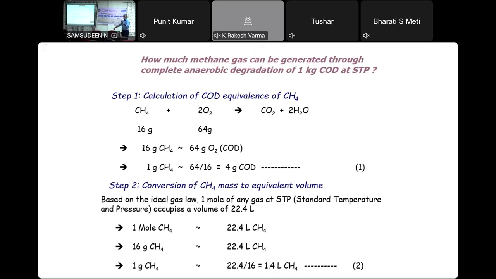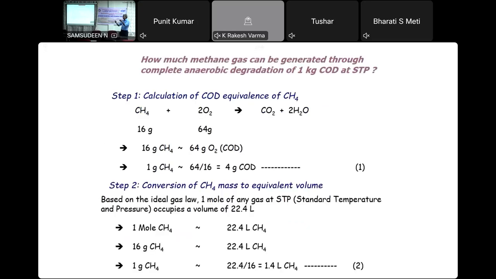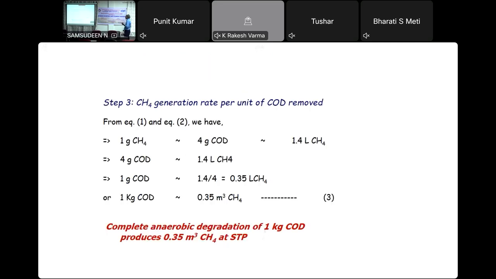So 1 gram of methane equals 22.4 divided by 16, and you get 1.4 liter of methane. So far you are with me? Okay, that's calculating your molar equivalent or COD equivalent. All right, next step.